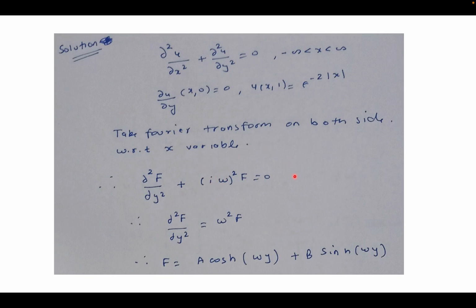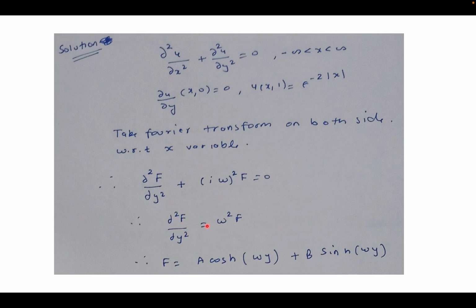Okay, now the solution of such a differential equation, as you already know, can be written as a cosh(omega y) plus b sinh(omega y), right? Again, this is straightforward, where I have just written the solution f, which is a function of omega and y, for the given differential equation.